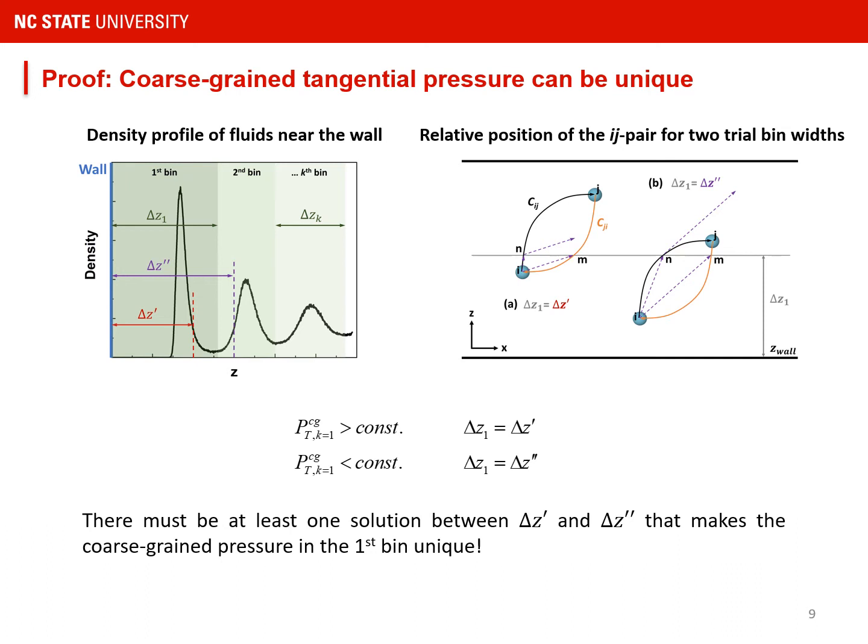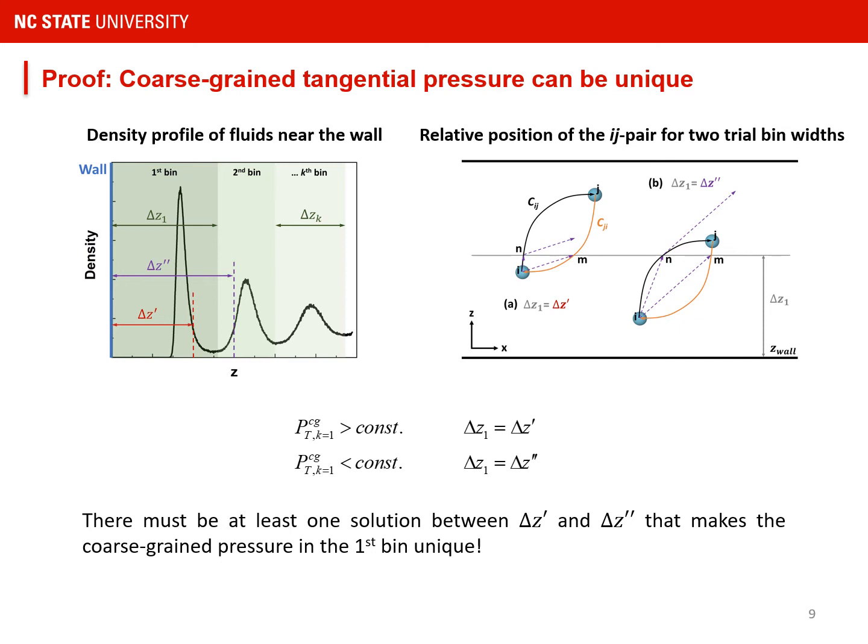These two inequalities clearly indicate that there must be one bin width that will make our coarse-grained tangential pressure unique. This coarse-grained tangential pressure will be a constant, which is independent of the arbitrary contour. And this proof can also be extended to other bins.